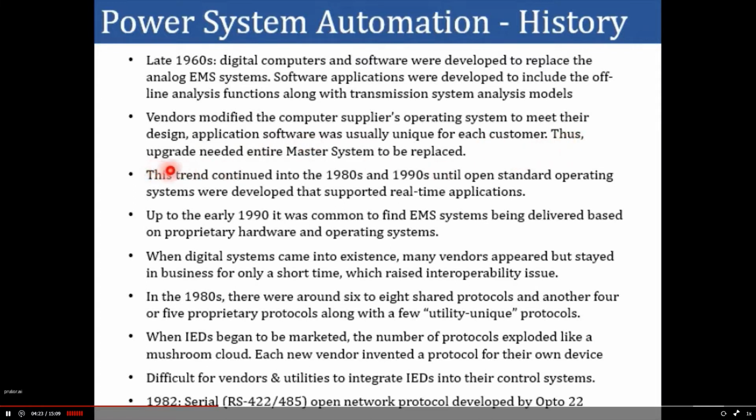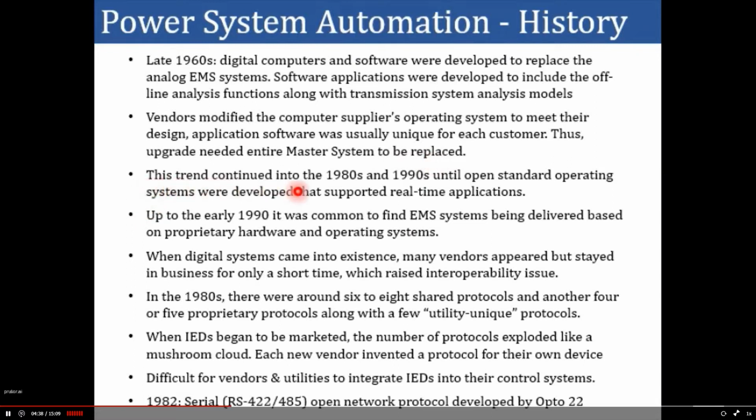Thus, frequent upgrades were required for entire systems, or you needed to replace the entire system if you wanted to change the vendor.